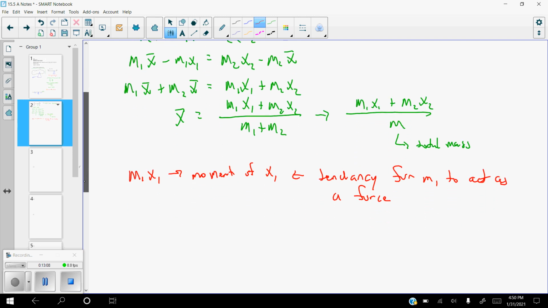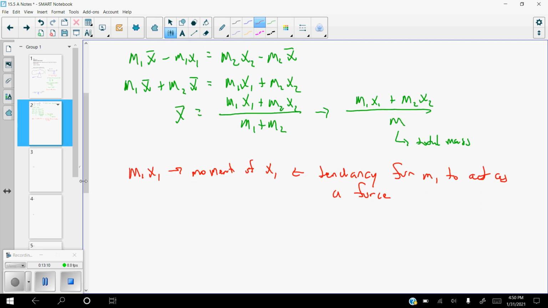Likewise, M2 x2 would be the moment of x2. And I'm not going to write it, but it's the tendency for M2 to act as a force. So it's the same idea. Tendency for M2 to act as a force.